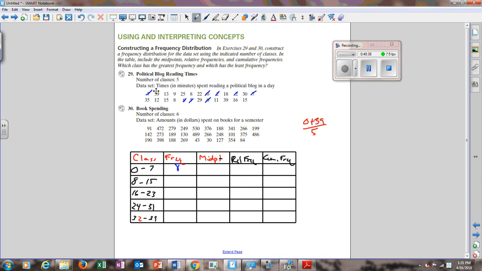Between 8 and 15, 1, 2, 3, 4, 5, 6, 7, 8. Between 16 and 23, 1, 2.